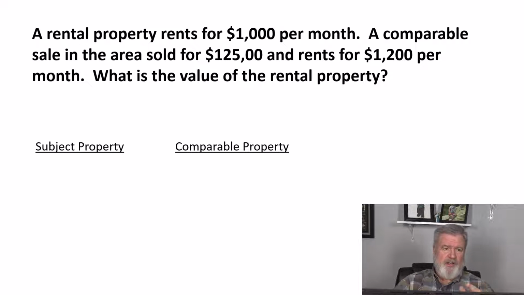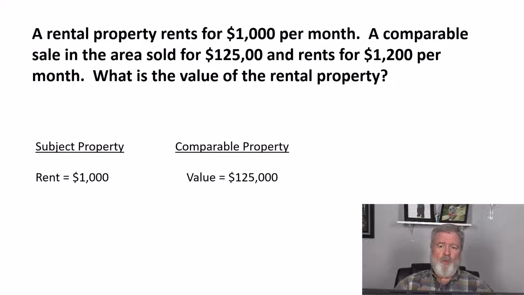So the first thing it tells me, again, the subject rental property rents for $1,000 per month. So I'll go ahead and stick that under the subject property. Now I've got that information. What else did it say? The comparable sale sold for $125,000. So I now know the value of the comparable, so I stick that in here.